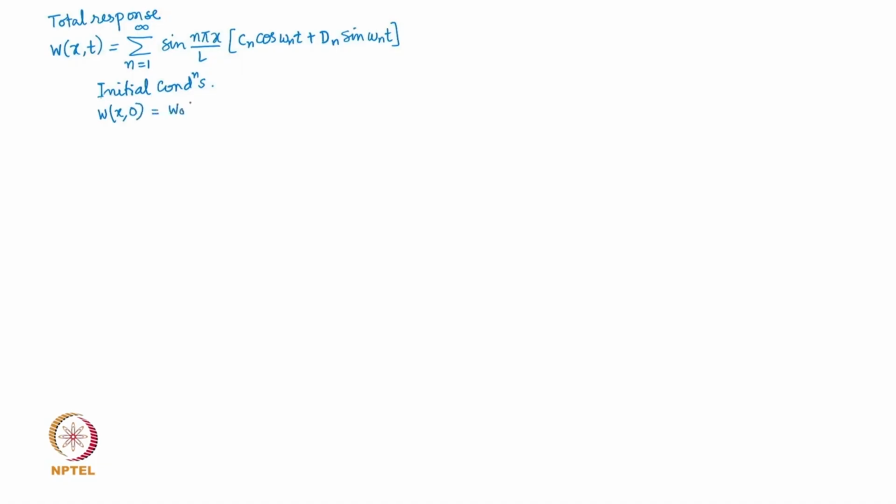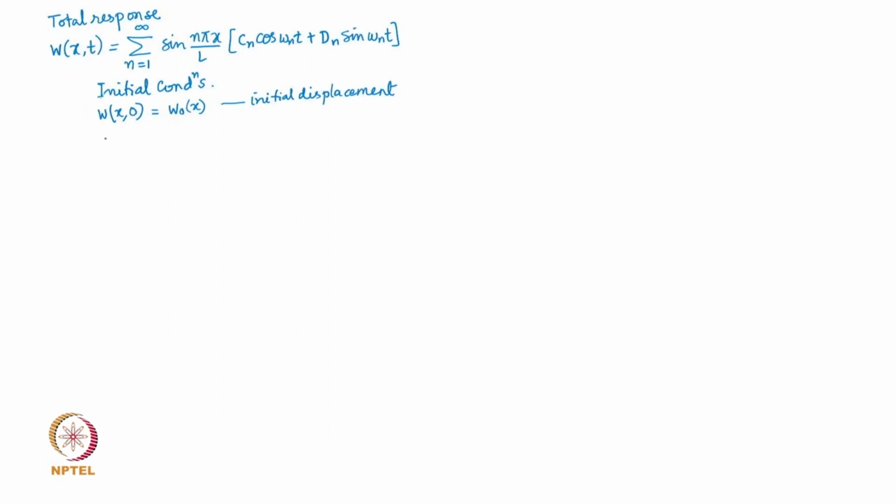I will define this as W naught of x. Naught is basically indicating initial displacement, and because ours is a continuous system, initial displacement pertains to any position x. So the initial displacement of any point along the string is defined by this function W naught of x.